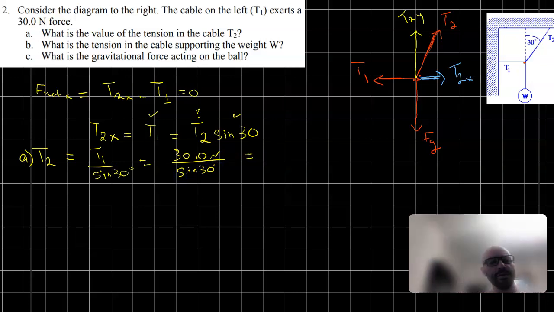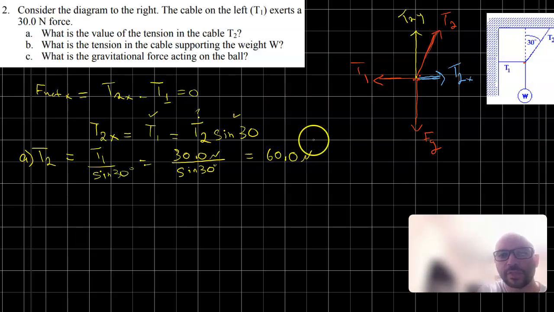And when we do this, 30 divided by sine 30, that is 60 newtons. So T2 is equal to 60 newtons.